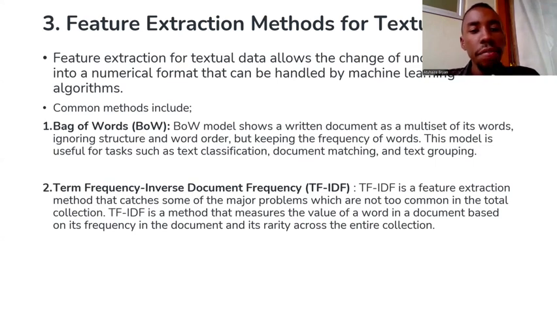Then the term frequency inverse document frequency. This also works like bag of words because it also goes through a document and picks out how often the unique words appear. But the only difference is that the TF-IDF goes ahead and adds weights of importance to the unique words that are extracted.